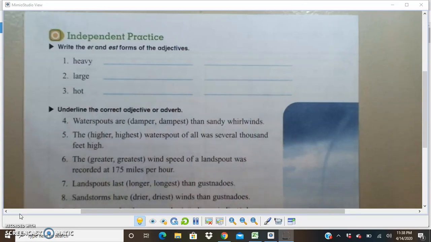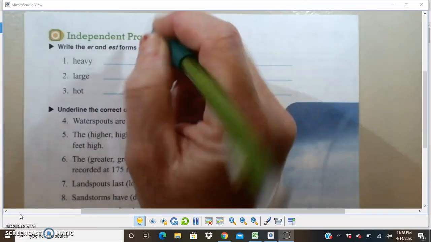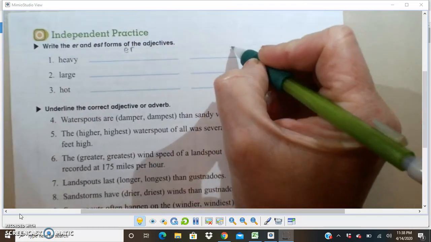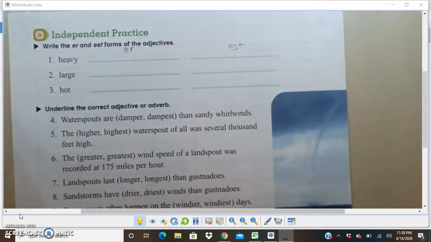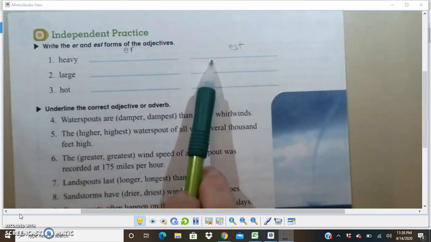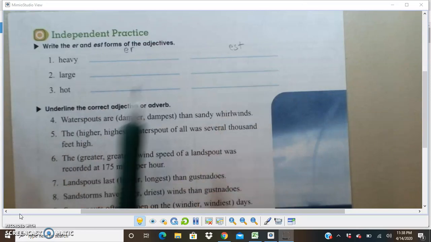So basically everything in this first column is going to have an ER ending, and everything in this column is going to have an EST ending. So you're going to write heavier, and you're going to write heaviest right here. But don't forget to change that Y to an I before you add that ER and EST.